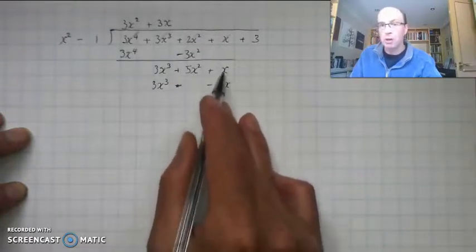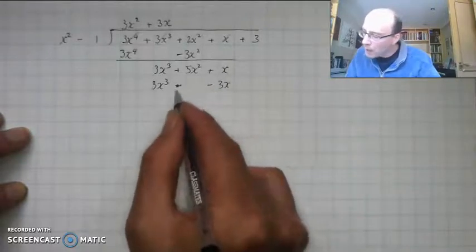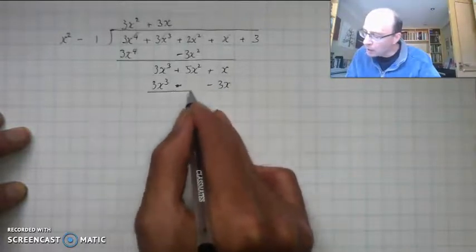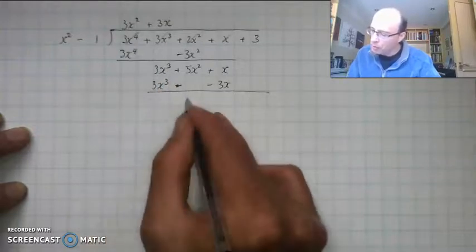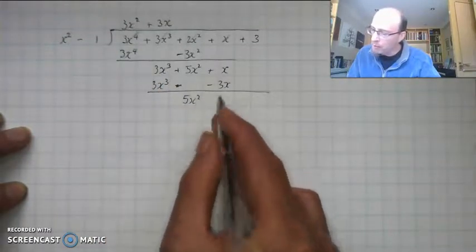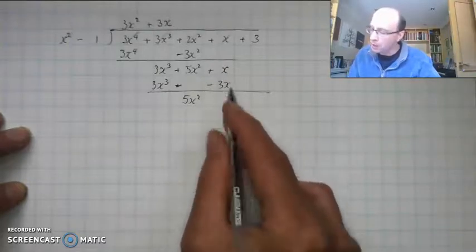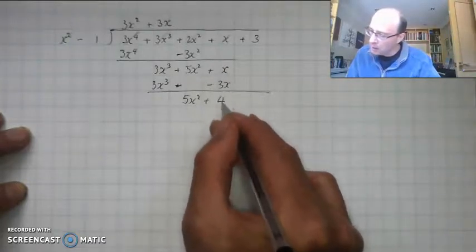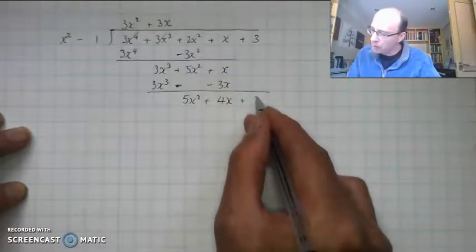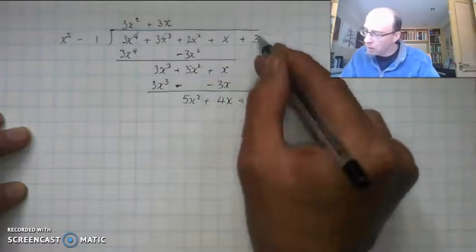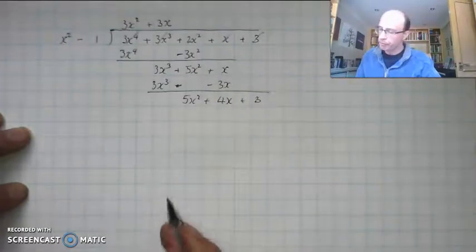It needs to line up with my x's. And I can do the subtraction. So 3x cubed, take away 3x cubed, cancels. I've got 5x squared. I've got plus x, take away 3x, so that's going to give me plus 4x, and I'm going to bring my plus 3 down. So I've used that plus 3 up.